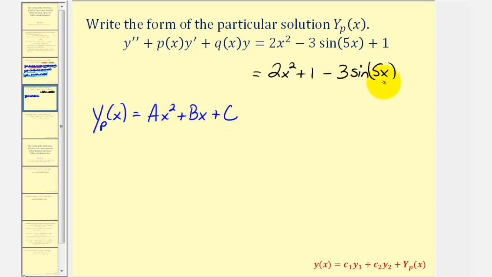And then for the sine function, we could have plus d times sine 5x. But again, because we're also working with derivatives, and the derivative of sine involves cosine, we would have to have plus e cosine 5x. There's no repetition here, so this would be the form of our particular solution.